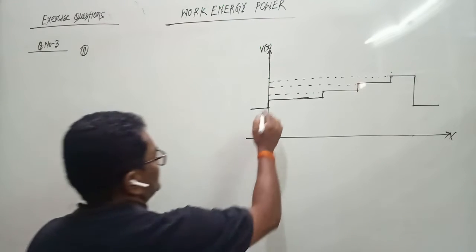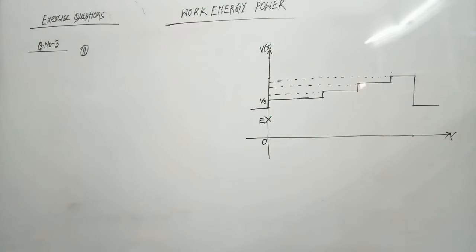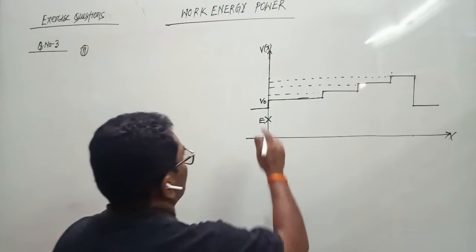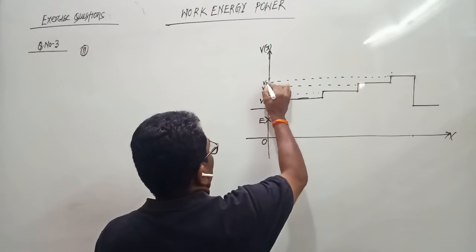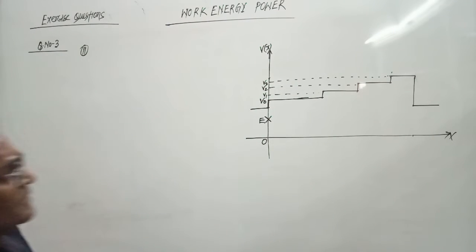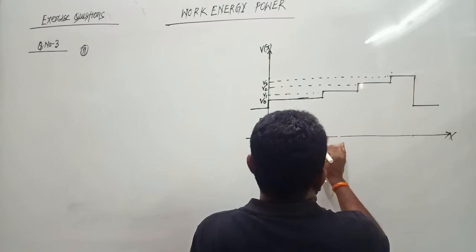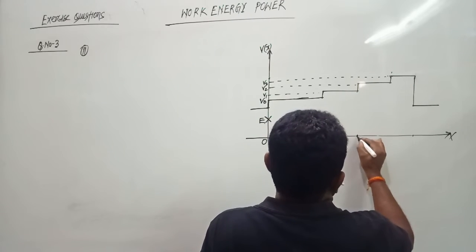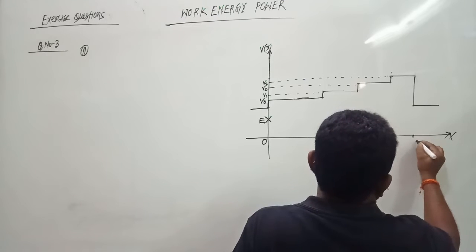This point is V naught, and the rest of the points are V1, V2, V3. And these points are A, C, B, and D.